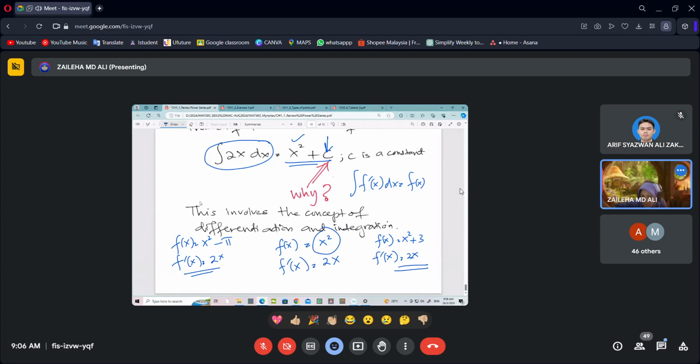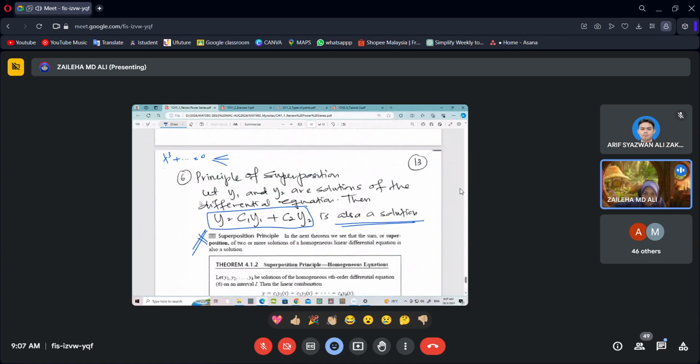Because of this, we put a C there, and that C represents the general solution of all the integration of the derivative. We take the initiative to include everything, not leaving out a single one. It's the same here.